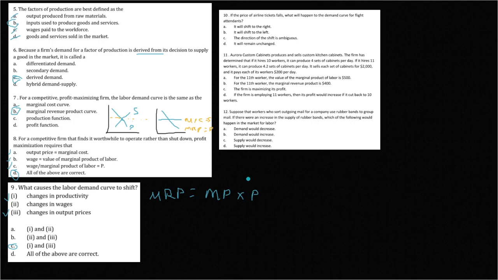We could again look at this formula here. Marginal revenue product is marginal product times price. And so if the price of airline tickets falls, then so will the marginal revenue product. It will shift left.